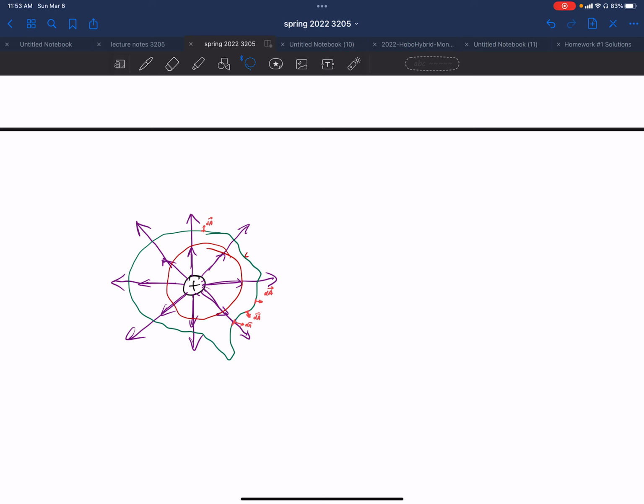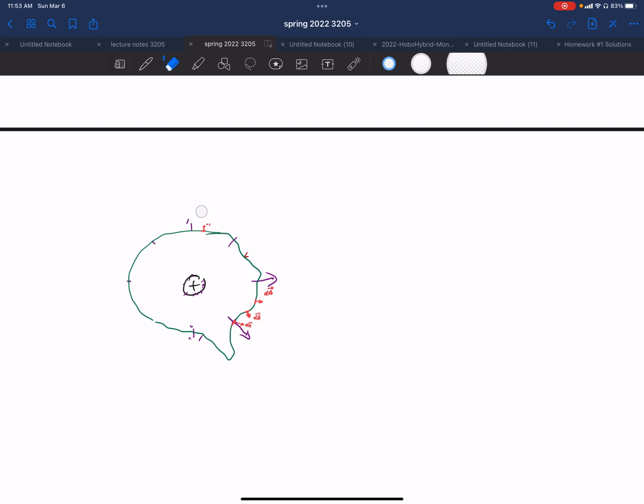I'm trying to erase all this other stuff and just keep the shape of S prime.